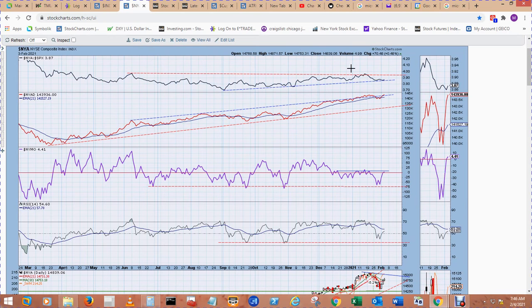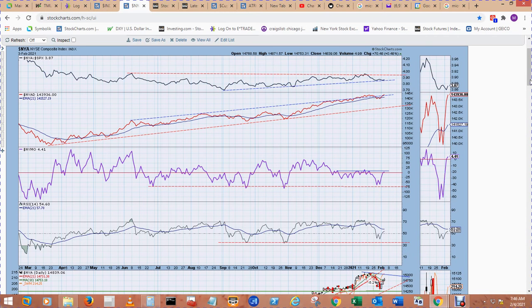NASDAQ stocks cannot be listed in the NYA. So this is an interesting oscillator, as it negates the stocks inside of the NYA that are also in the SPX. It negates those and looks at everything else against the S&P 500 performance.